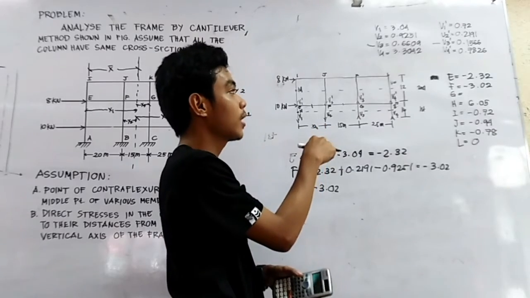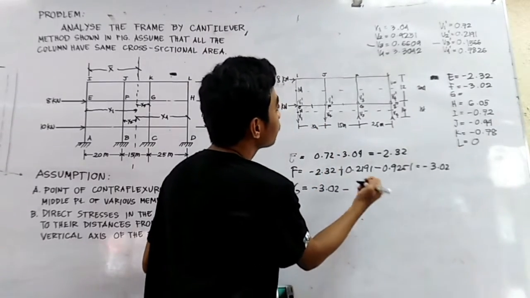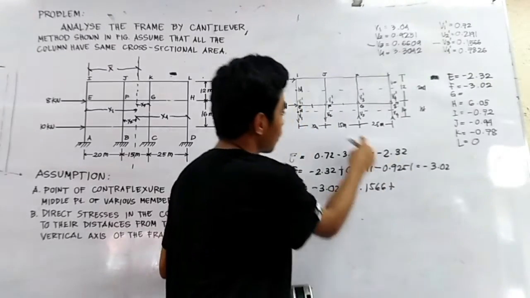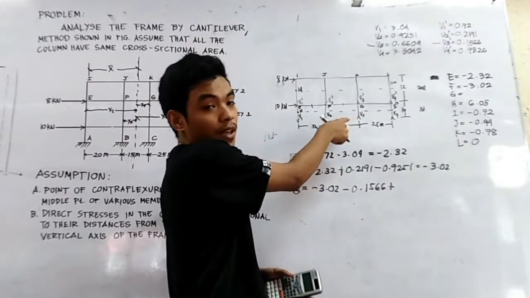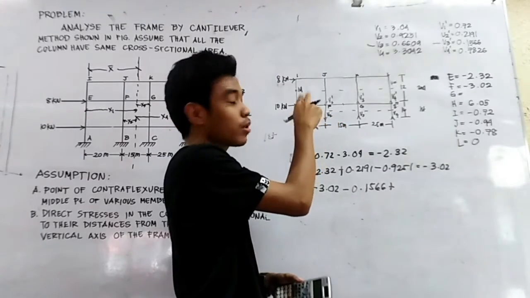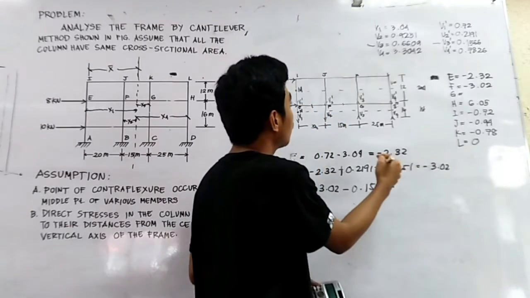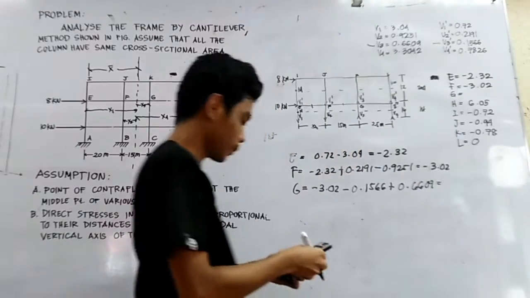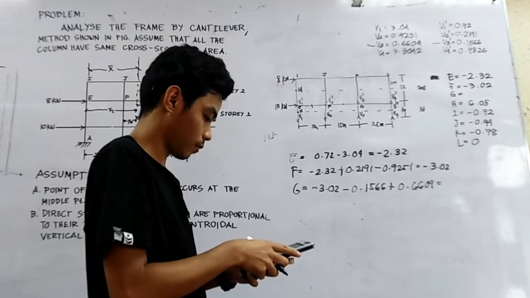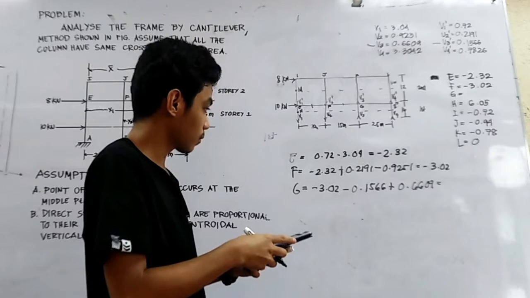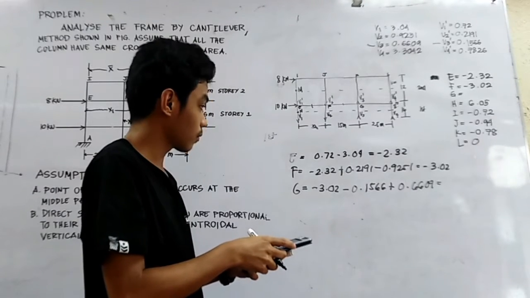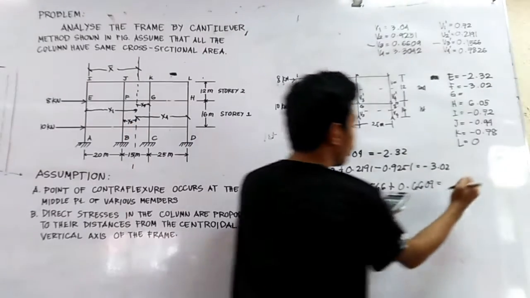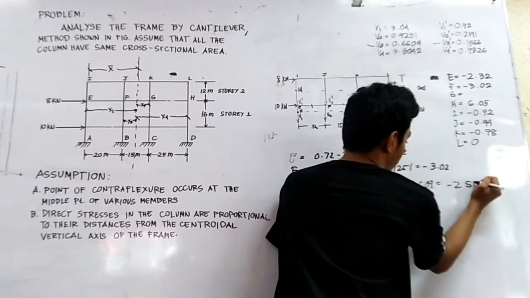So, ang magiging sign natin doon is negative 0.1566 plus, since yung V3 naman is yung direction niya is moves towards the point G. So, magiging plus 0.6609 is equal to negative 2.52.